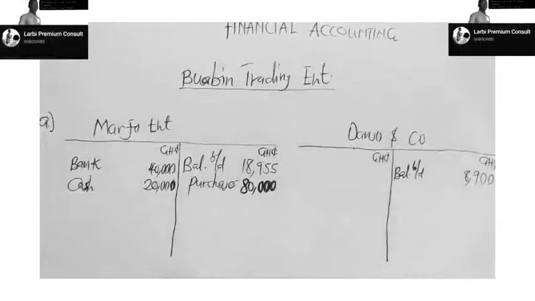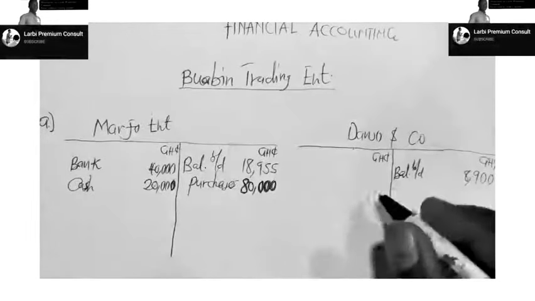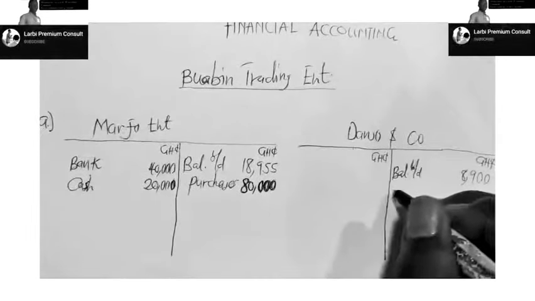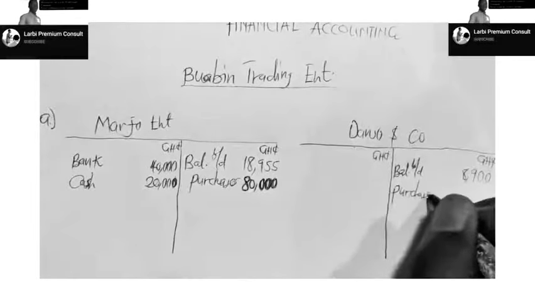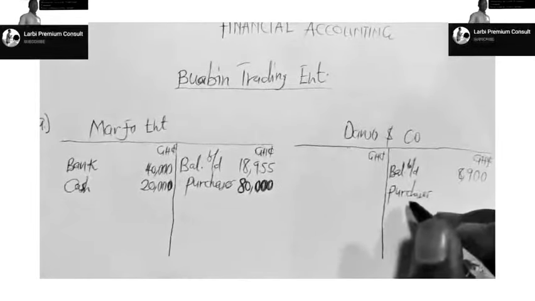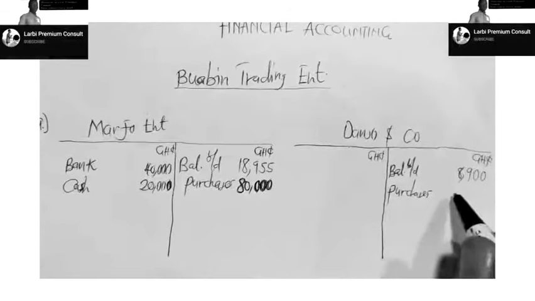So Danso is the one giving. So Danso and Co.'s account is to be credited, and then our purchases account will be what? Debited. So here we just record the name of Danso and the name of purchases, purchases on credit. So here we have it.